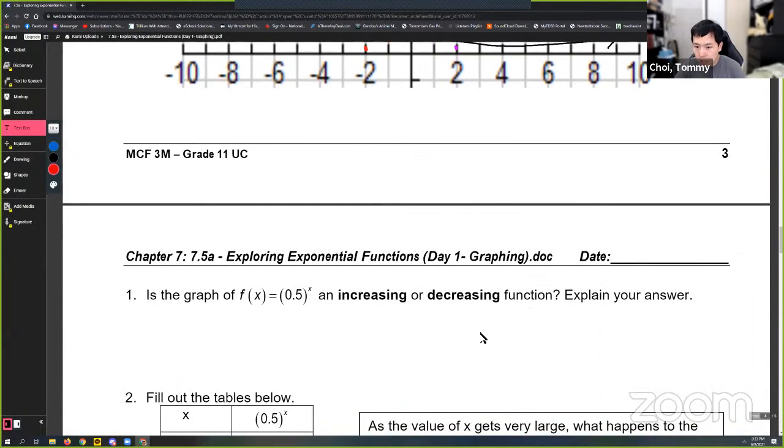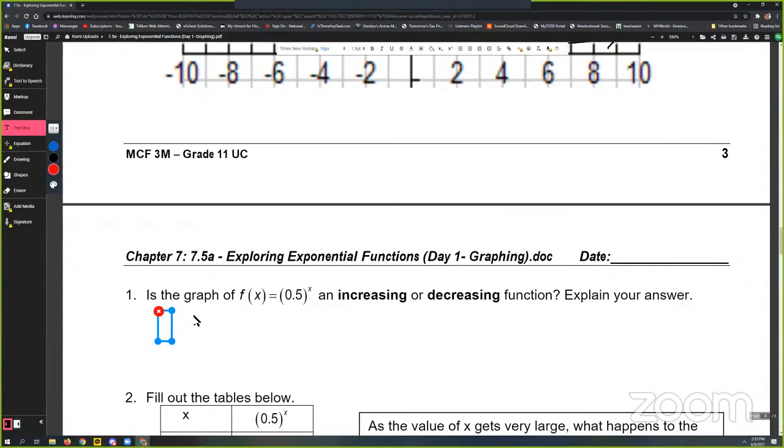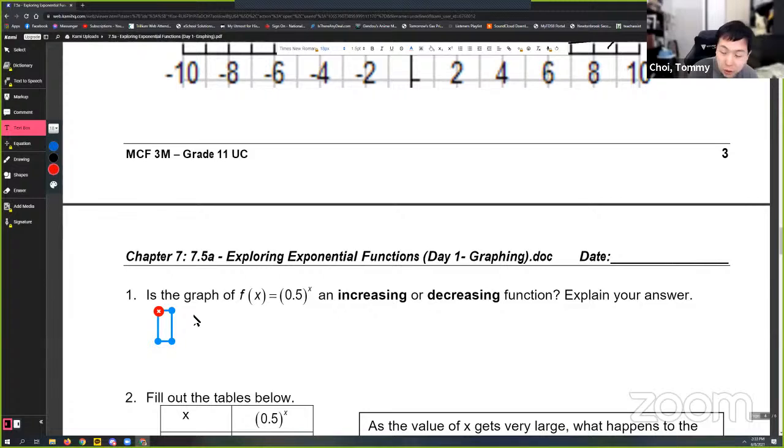I have one person saying increasing, one person saying decreasing. Does anyone want to break the tiebreaker? Increasing. We got 2 for increasing, 2 for decreasing. That's funny. And we have a third person saying decreasing. Yes, this is a decreasing function.